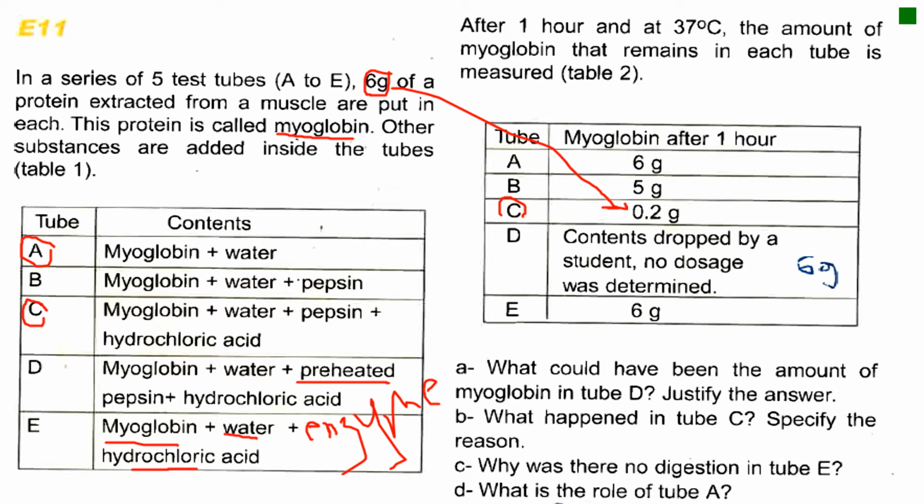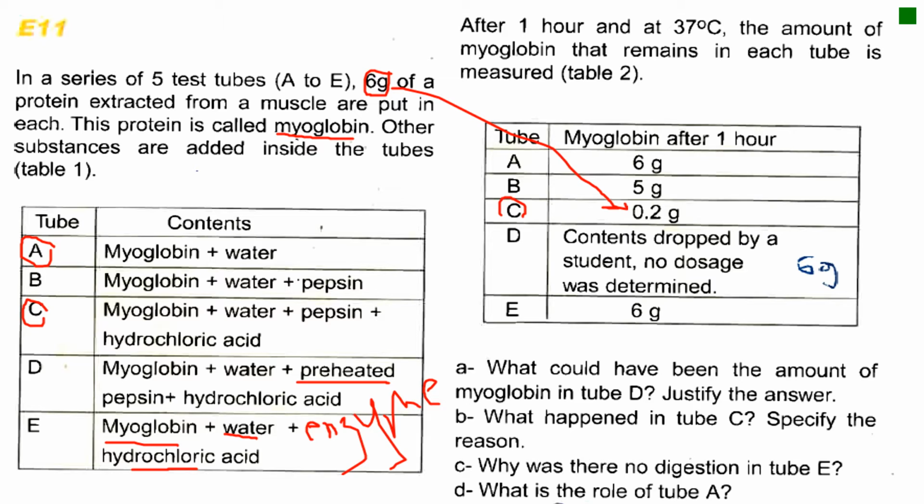Tube D has myoglobin, water, preheated pepsin. Preheated means it was heated before, and we know that high temperatures destroy enzymes, so the enzyme will not be able to function again. Tube E has myoglobin, water, and hydrochloric acid, so tube E is missing an enzyme.